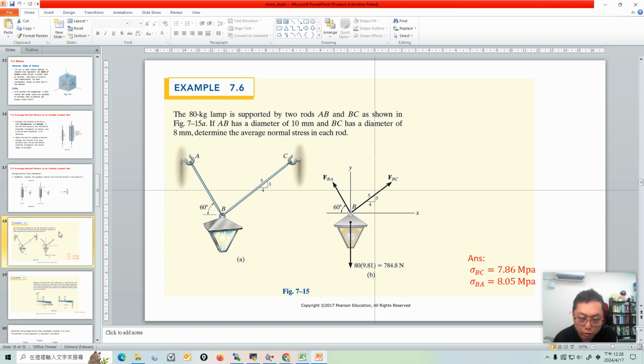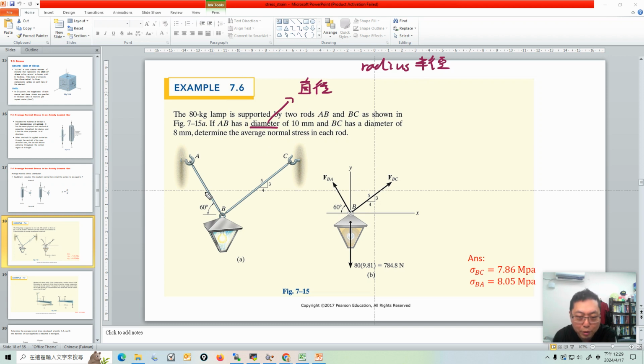There's a terminology here. If you don't understand, diameter in Chinese is called 直径, and radius is 半径. Be careful, because in some problems the problem gives you the diameter, and in some it gives you the radius.